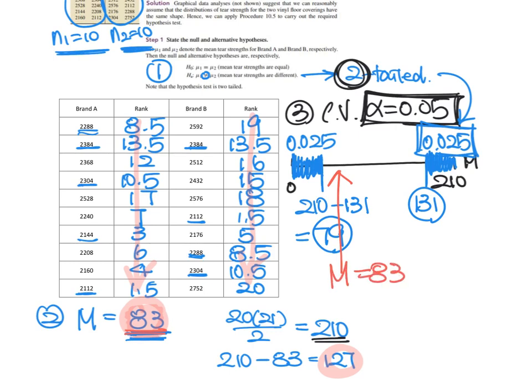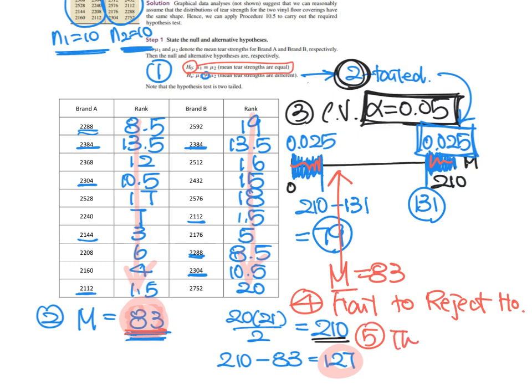It's not in the left tail or the right tail either. So the decision will be fail to reject the null hypothesis. Then the conclusion should be they are the same, they have the same mean.